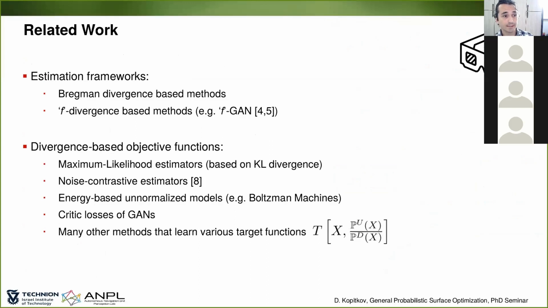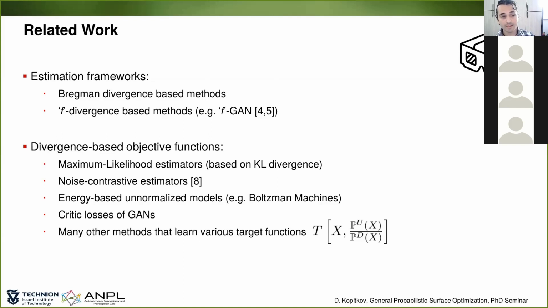So some related work in this domain. There are many frameworks for estimation that are based on divergence, like Bregman divergence and F divergence. Maybe some of you know the F-GAN framework, which is very popular in the GAN domain.